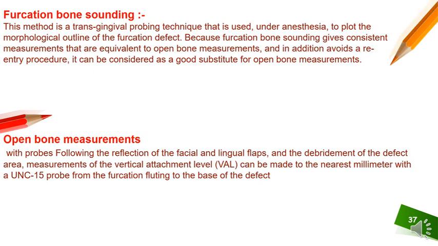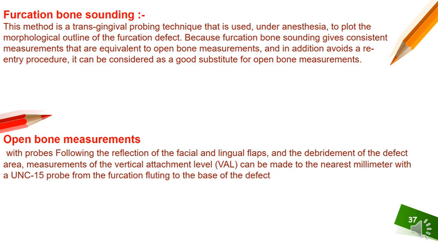Bone sounding. This method is a transgingival probing technique that is used under anesthesia because it's painful, to plot the morphological outline of the furcation defect. Because furcation bone sounding gives consistent measurements that are equivalent to open bone measurements, and in addition avoids a re-entry procedure, it can be considered a good substitute for open bone measurements.